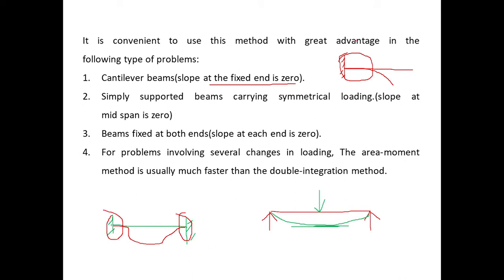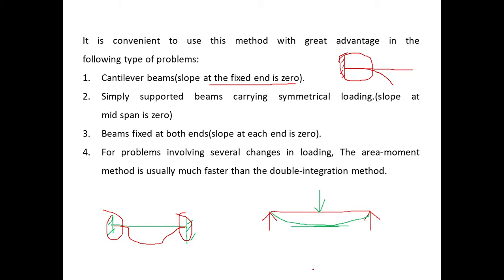So in the case of a cantilever beam, the slope is 0 at the fixed end. In the case of a fixed beam, both the ends are fixed, so the slope is 0 at both ends. In a simply supported beam, the maximum slope will be at A and B, but at midspan there is no slope. So for these three cases, we can adopt this area moment method.